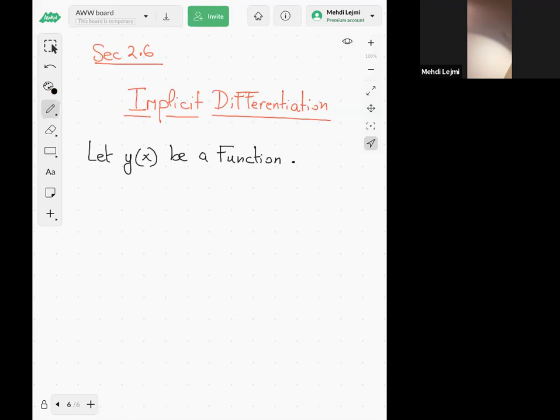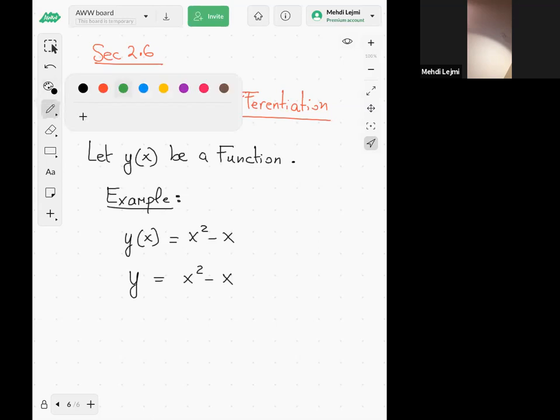Example. Let's just say y of x is equal to x squared minus x, right? So y is a function of x, so y is equal to x squared minus x. In this case, the function y, which is a function of x, is defined explicitly in terms of x.